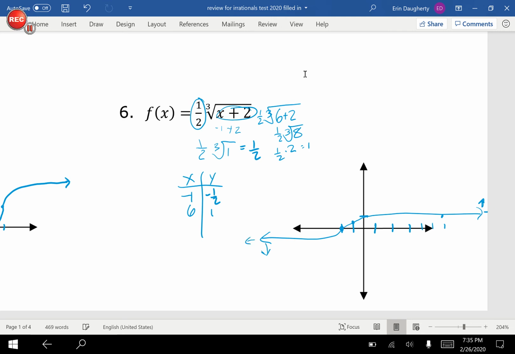So that's going to help me with the domain and range. So the domain on this one is going to start out at -infinity less than x less than positive infinity. Now when I'm looking at the y values, or the range, it's also going to end up being all real numbers, so it's going to start off at -infinity less than y less than positive infinity.